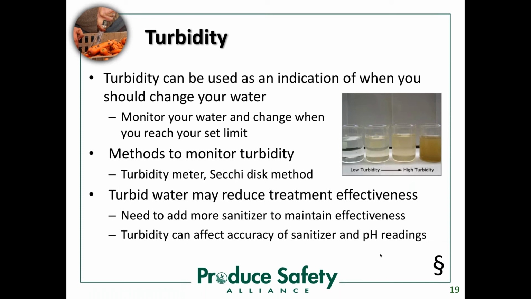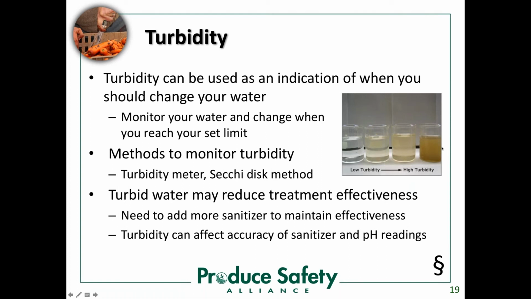It seems almost too simple to talk about, but when your water gets turbid, it's time to change it. Figure out what your tolerance is for your different conditions, for your sanitizers, for the products that you're using. Monitor these turbidities. You can get a turbidity meter.